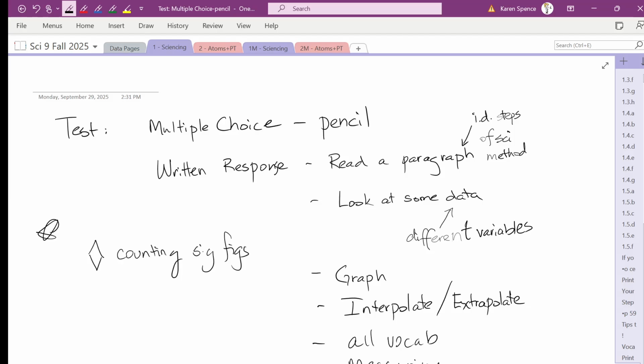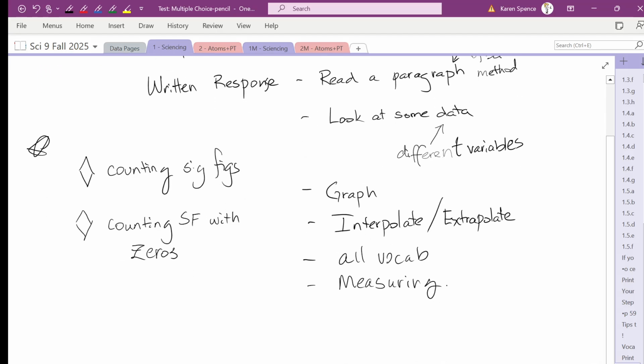But if you want to do the extra counting of sig figs with the confusing zeros, there's going to be some of that. There's going to be scientific notation too.